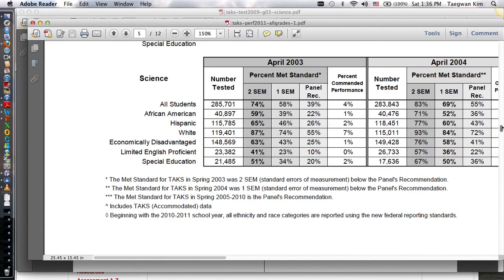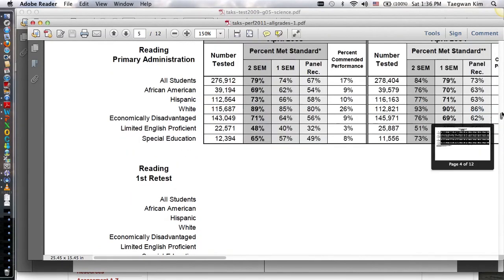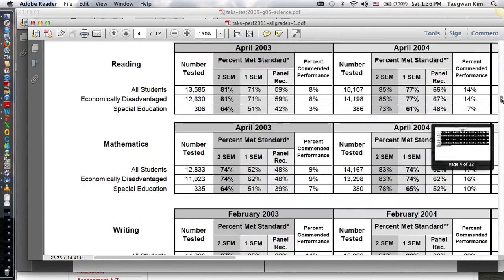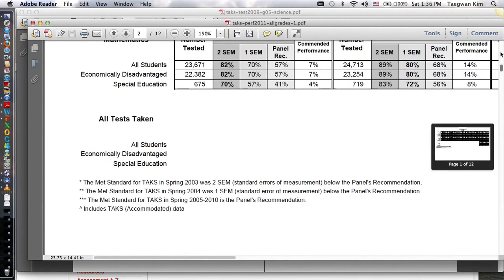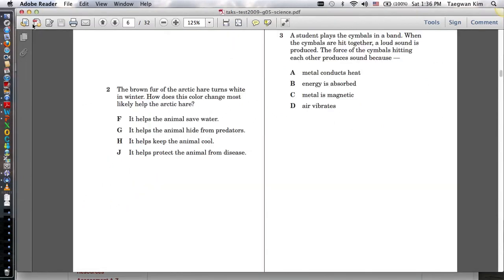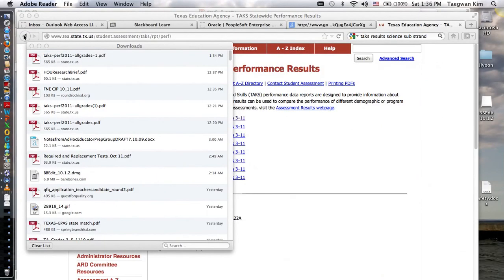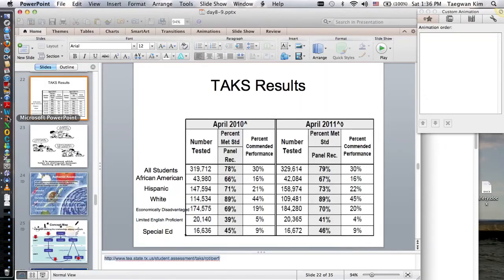See, it's not grade 5. I'm sorry. Anyway, because it shows a lot of data, right? So I just took only 2010 and 11 for grade 5. And then I put it on this slide.